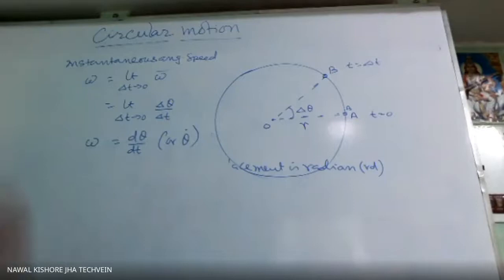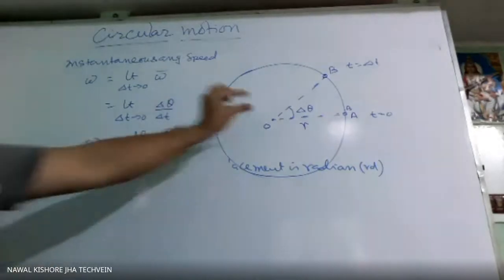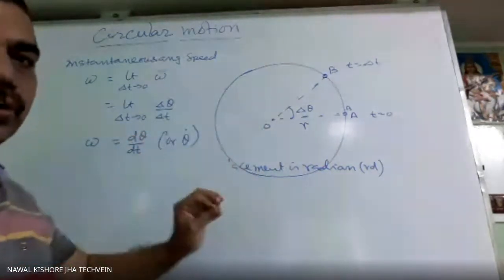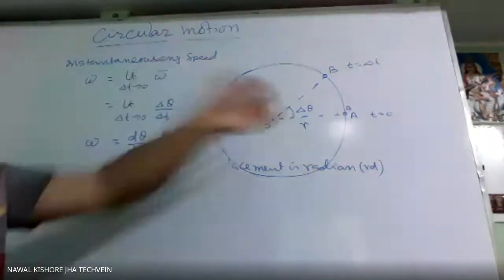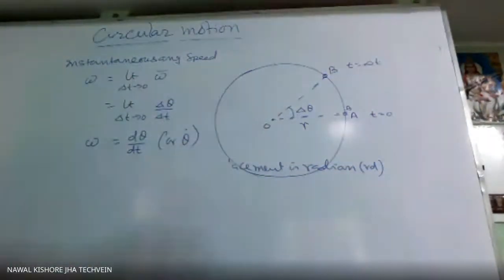That is instantaneous angular speed or angular velocity. When the angle is very small, tending to 0, then we treat it as a vector quantity, and it will be along the axis, either inward or outward, depending on in which direction you are moving.